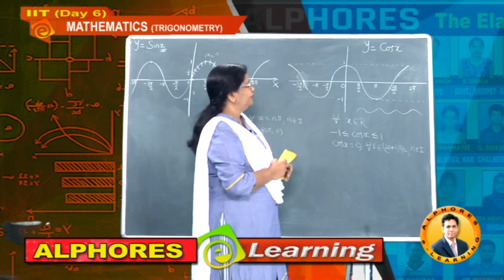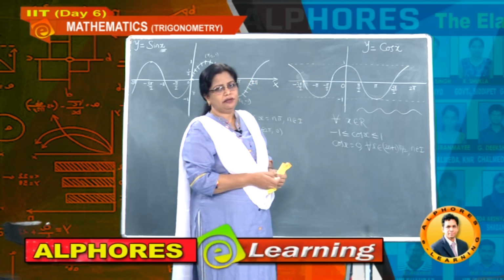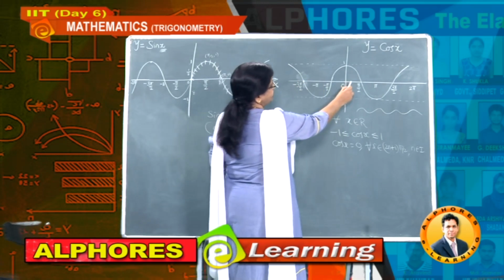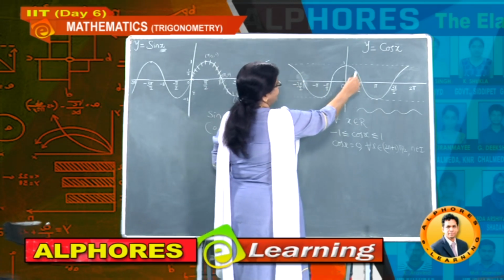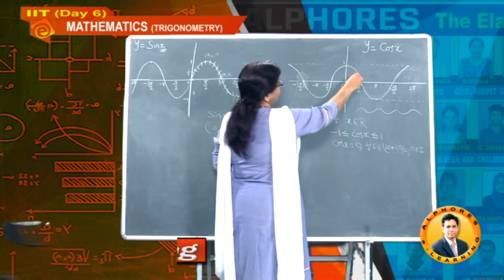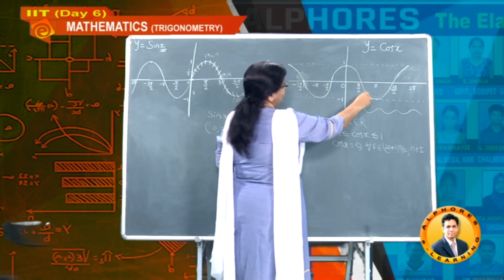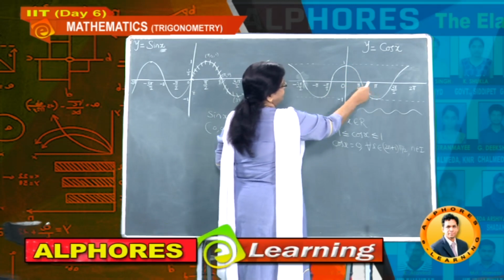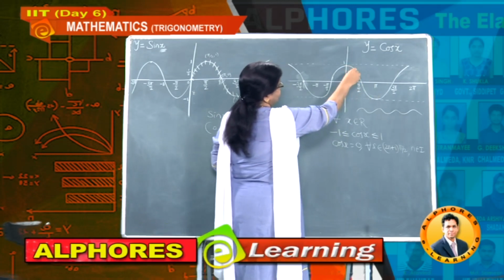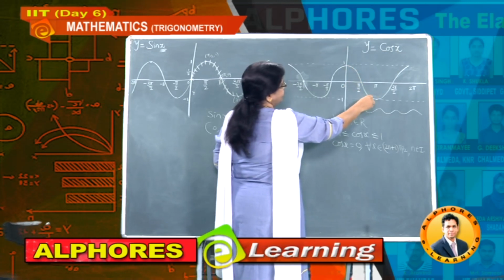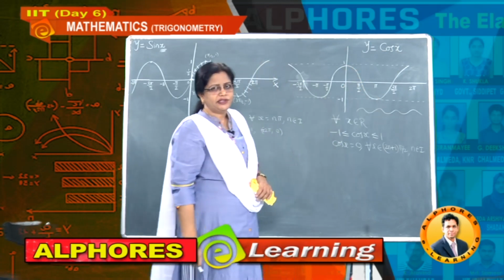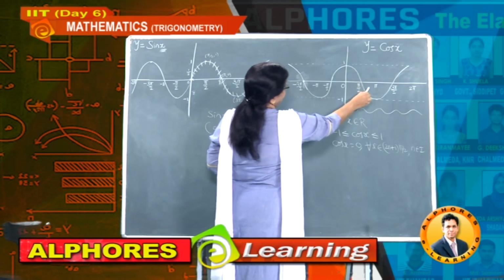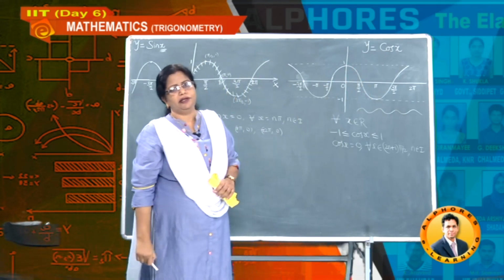And later you observe the increasing and decreasing nature. Observe here clearly, as long as x is increasing, correspondingly y values are decreasing, and this you can observe from 0 to pi. So from 0 to pi the cosine function is a decreasing function. Understand students, 0 to pi means the first quadrant and the second quadrant.